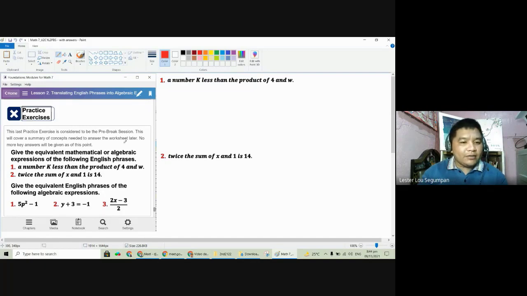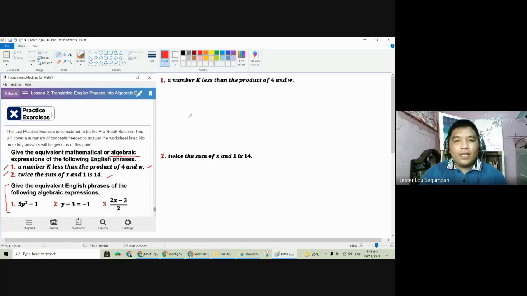Let's try to talk about two items here to be translated. And then we also have other expressions here, and let's try to determine examples of their translations. Now, for number one, the first group rather, we need to determine the equivalent algebraic expressions given these English phrases.